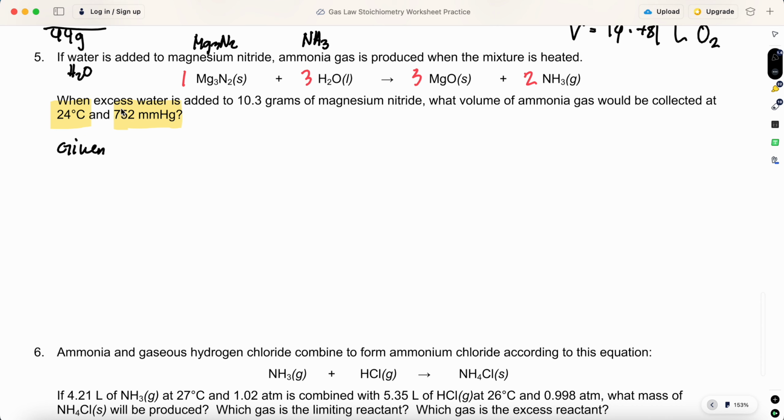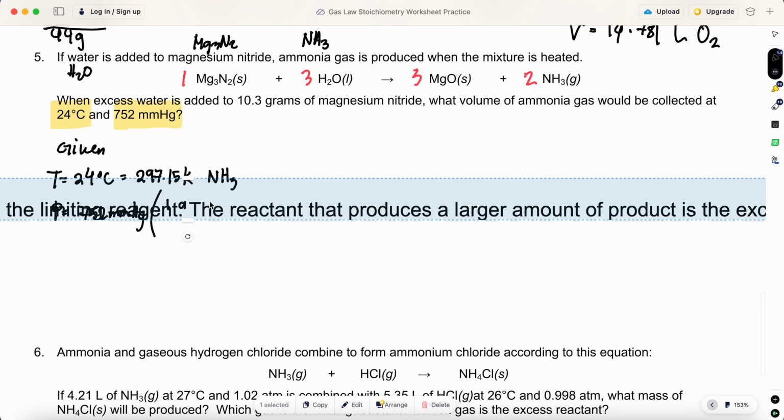So what volume of ammonia gas would be collected? The temperature is 24 degrees Celsius or 297.15 Kelvin. This is the temperature of the ammonia gas. And the pressure here is 752 mmHg. We can always convert this to atm.